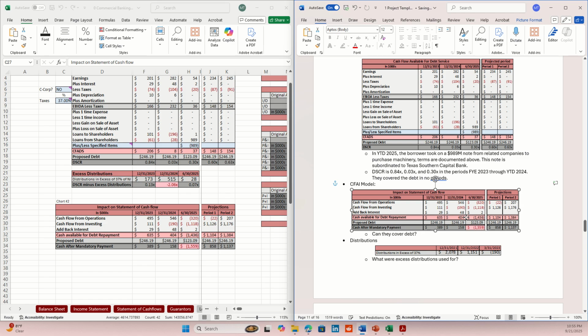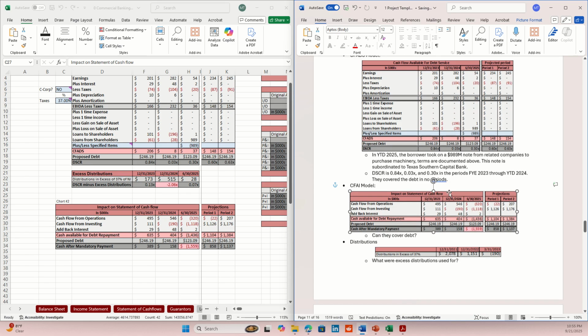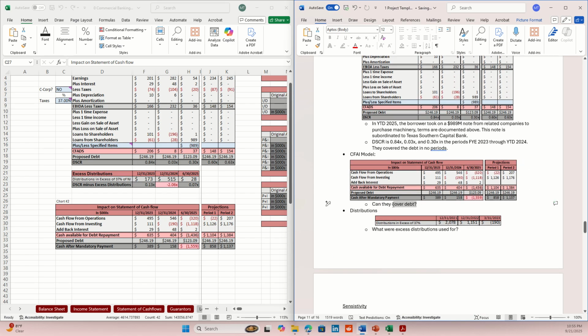Okay, CFAI model. So we have this model. Can they cover the debt? We're going to do the same thing. CFAI: cash flow after mandatory payment. Cash after mandatory payment, CAMP.